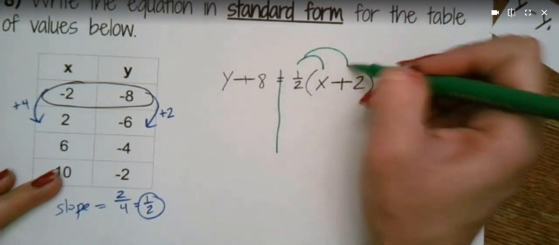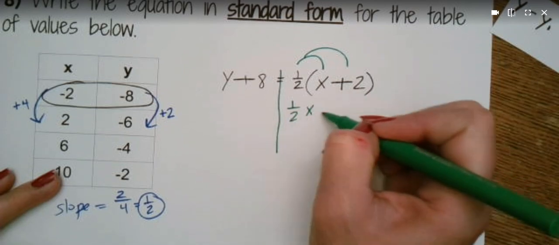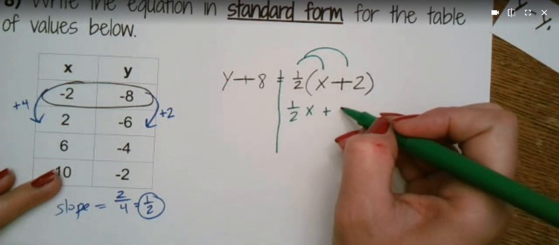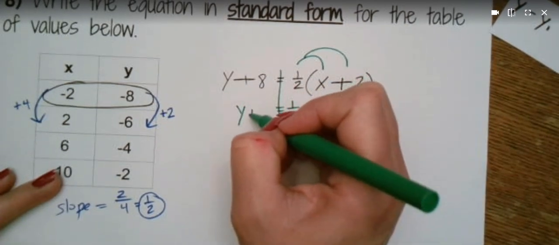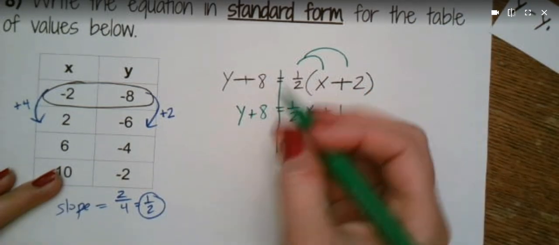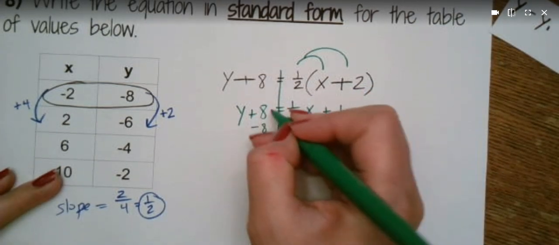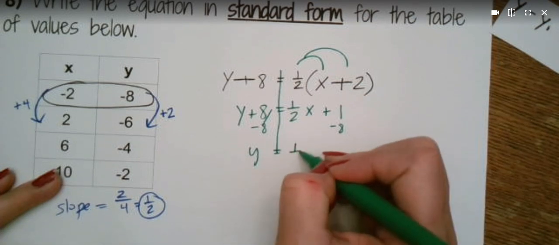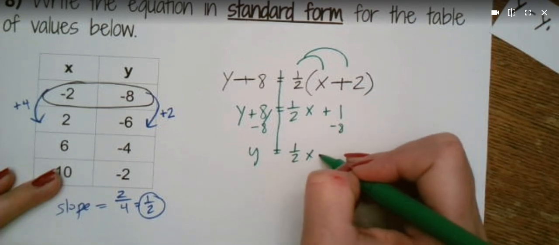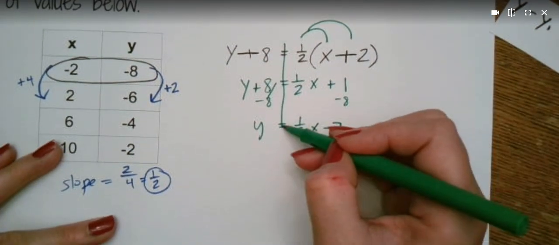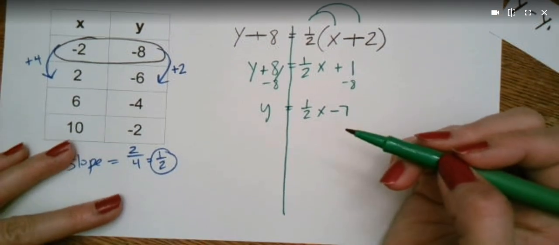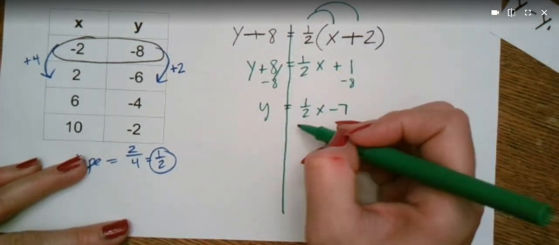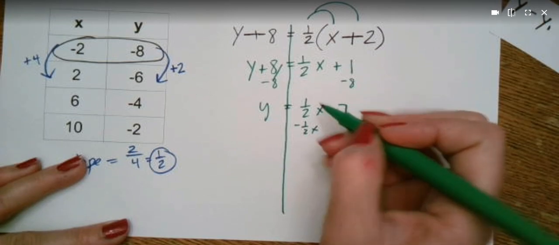Distribute first. 1/2 times 2, or 1/2 of 2 is 1. Okay, I want the constant on the right, so I'm going to minus the 8. 1 minus 8 is -7. Okay, need some more room here. I got to move the 1/2 x over to the other side, so I'm going to subtract it.